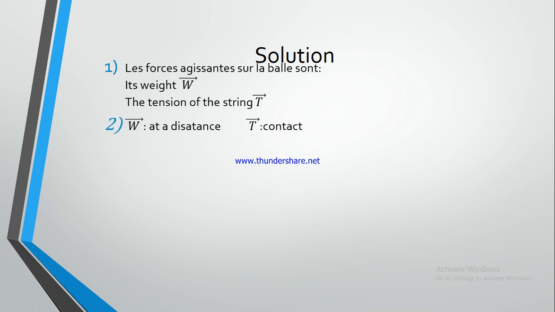T is a contact force, because if we cut the string, we don't have a contact, and the force will vanish. And W is a force at a distance, because the earth is at a distance from the ball.